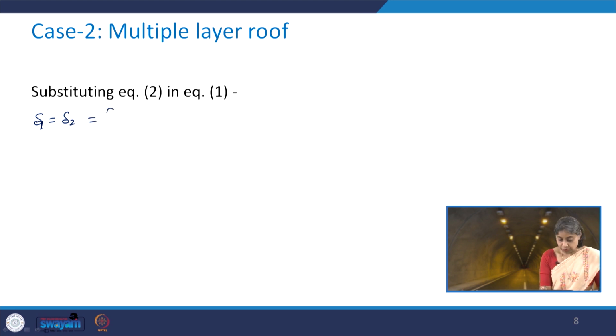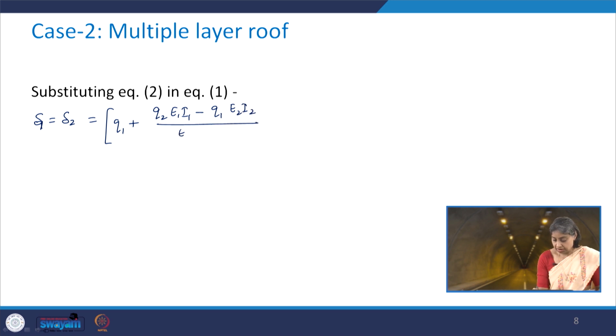That will be equal to Q1 plus Q2 E1 I1 minus Q1 E2 I2, divided by E1 I1 plus E2 I2, into x square upon 24 E1 I1, L minus x whole square.